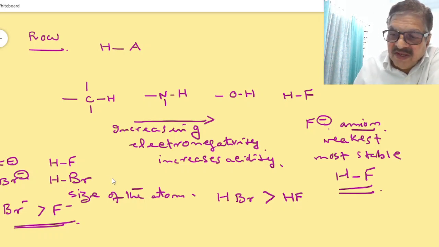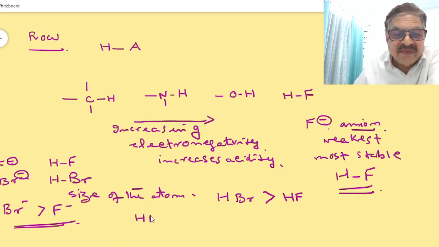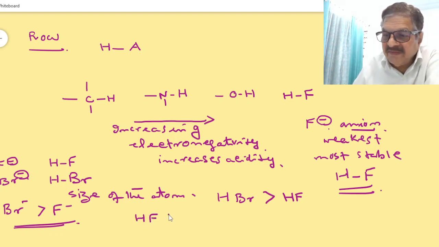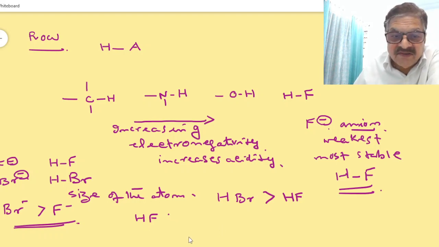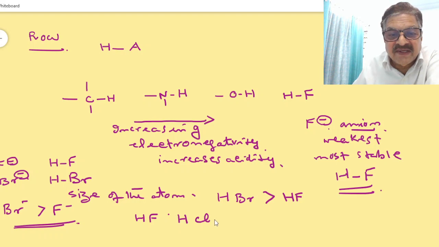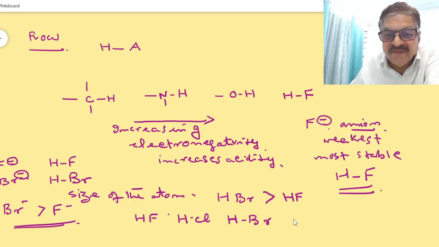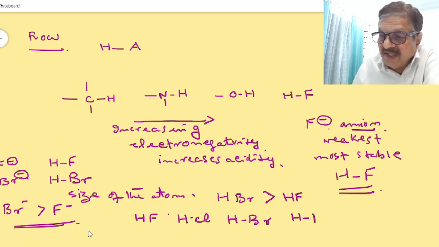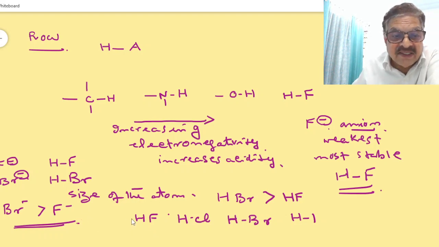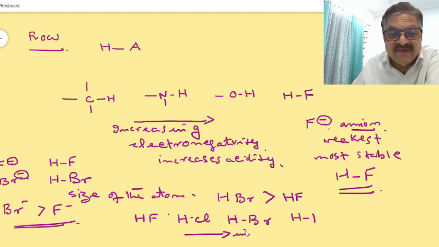Now the trend will be, say, HF, then the increasing acidity will be like this. HF is there, then we have HCl, then HBr, then hydroiodic acid, HI. Therefore, increasing size, increasing acidity. So this side is the increasing size.